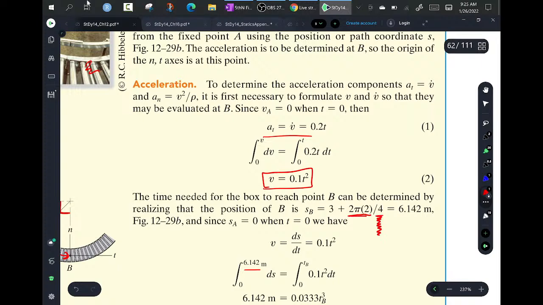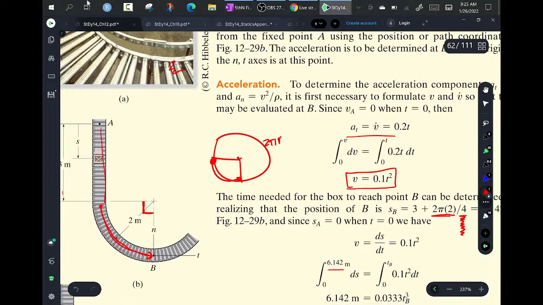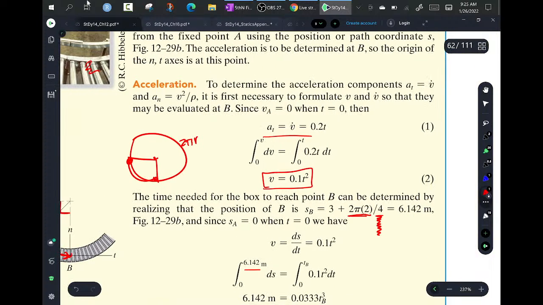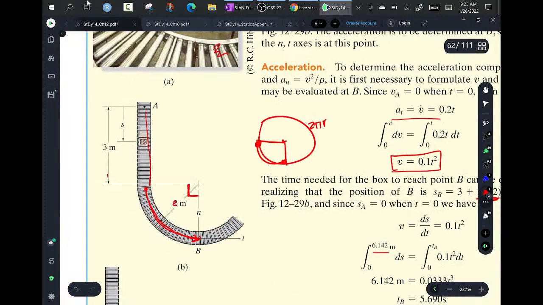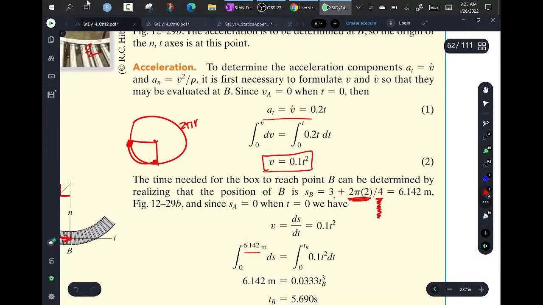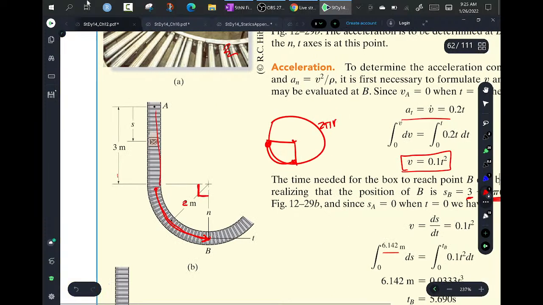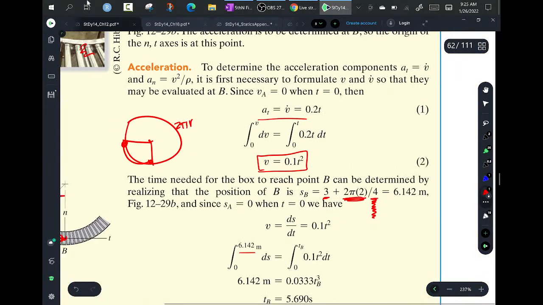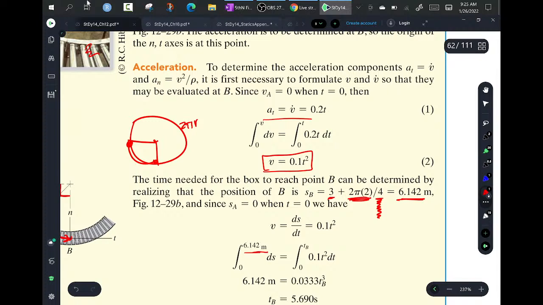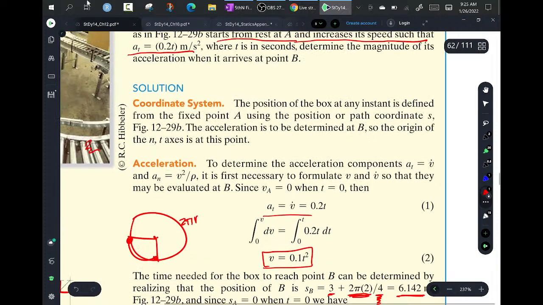So usually if you have a circle, it's 2 pi r, but he's only going this distance from here to here. So that's why you have the 2 pi radius of 2, and you divide it by 4. You add the 3 meters because it was 3 meters coming up to there. That tells you how far you have to do this integral. And then you're wanting to get your time out of it.